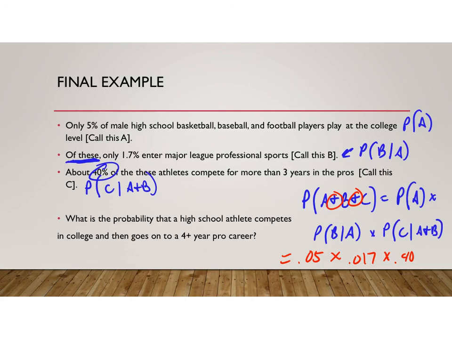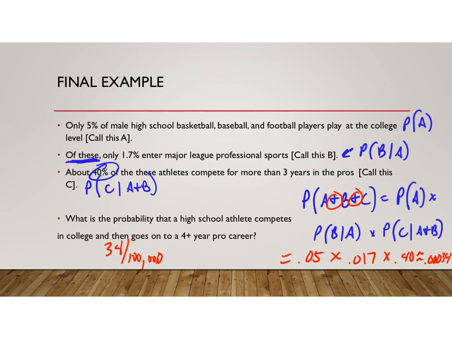And so when you multiply all those up, you get a whopping 0.00034, which is tenths, hundredths, thousandths, 10,000, 100,000. So about 34 in 100,000 high school athletes go on to have a 4+ year career in professional sports.